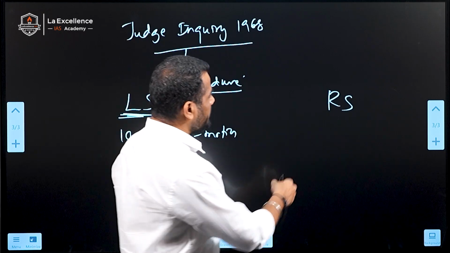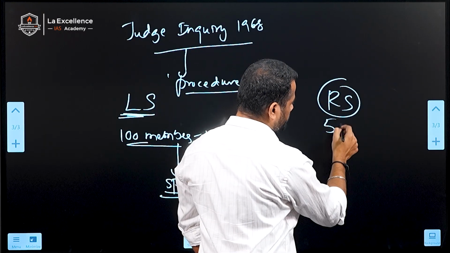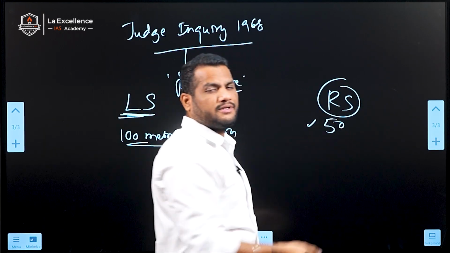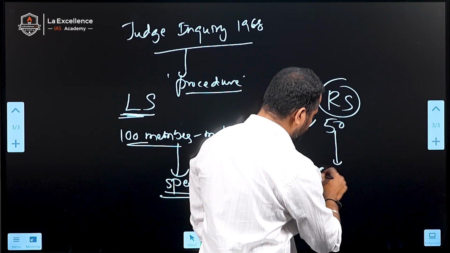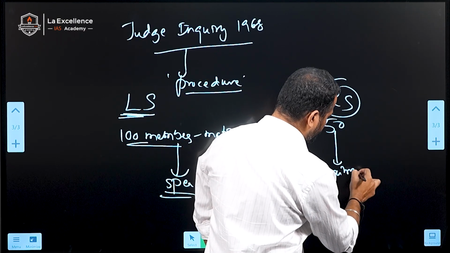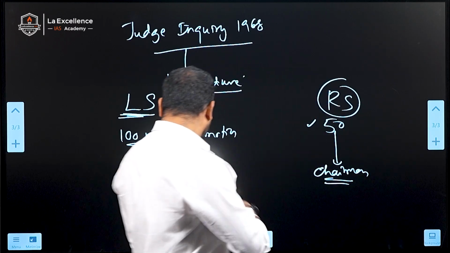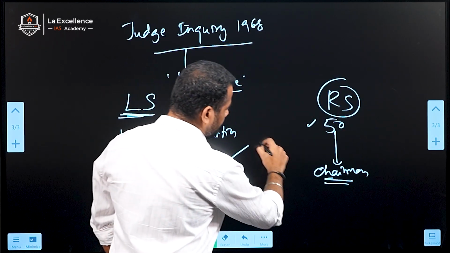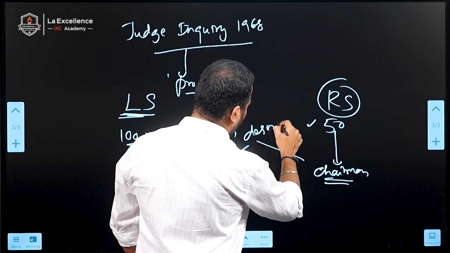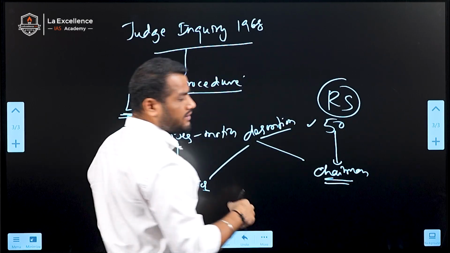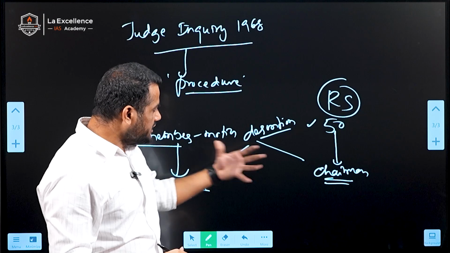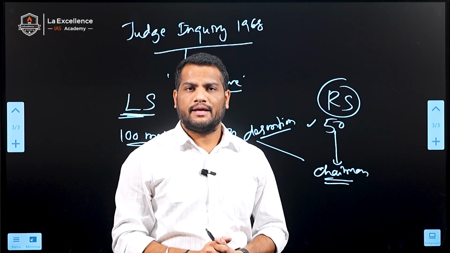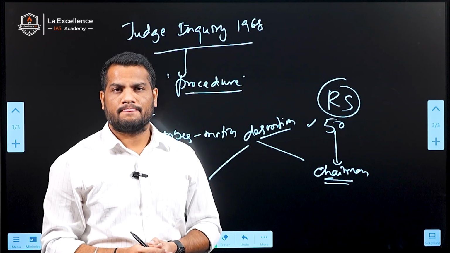In the case of the Rajya Sabha, 50 members of the Rajya Sabha sign a motion and give it to the Chairman of the Rajya Sabha. Here, the Speaker and Chairman both have discretionary power whether to admit the motion or dismiss it. If they dismiss the motion, the procedure ends.